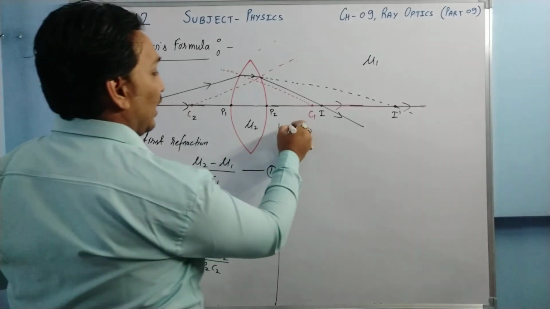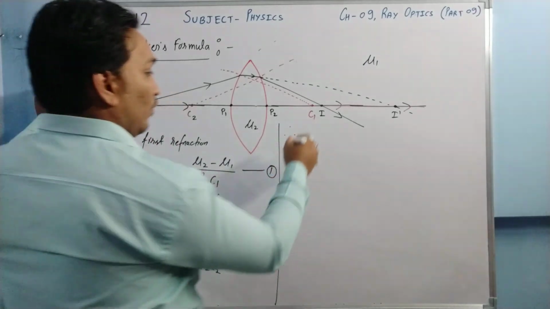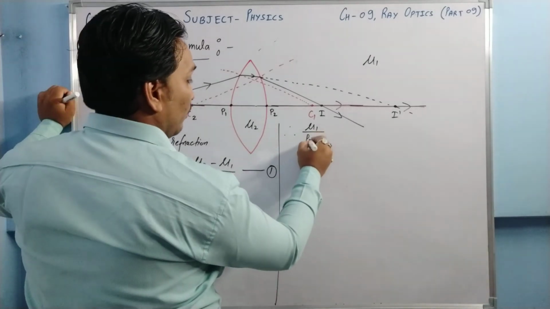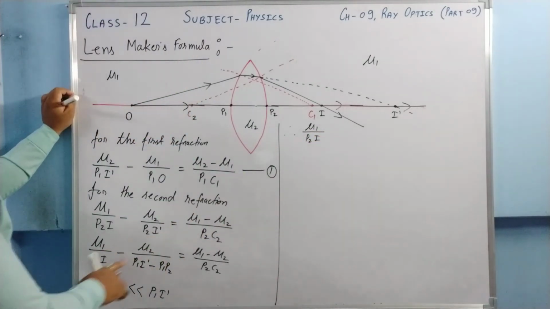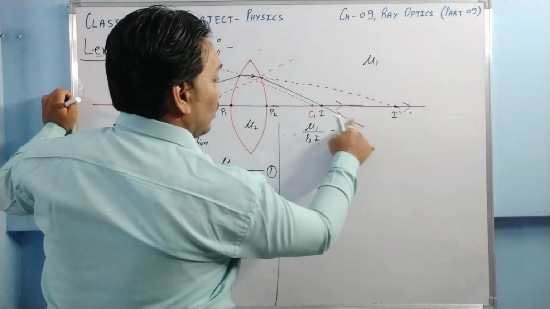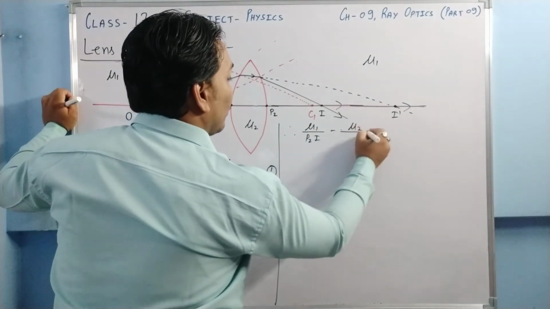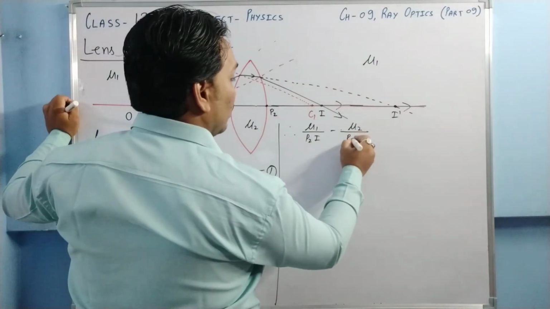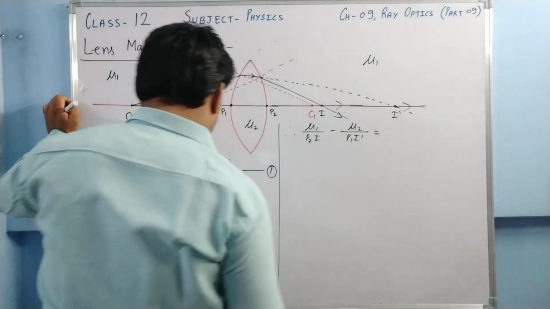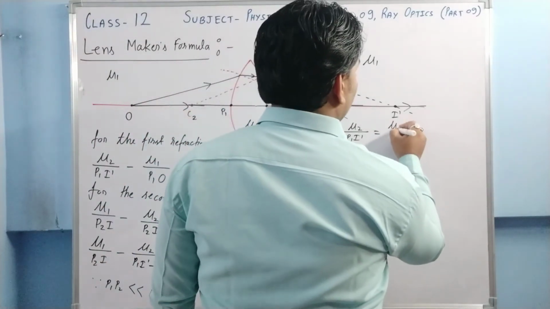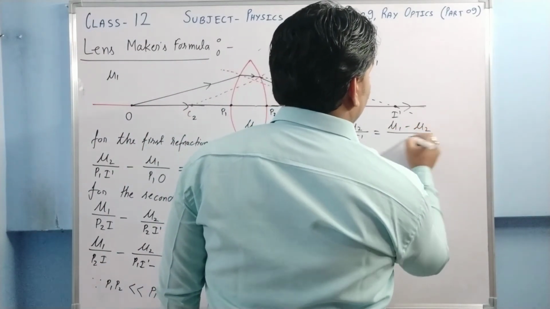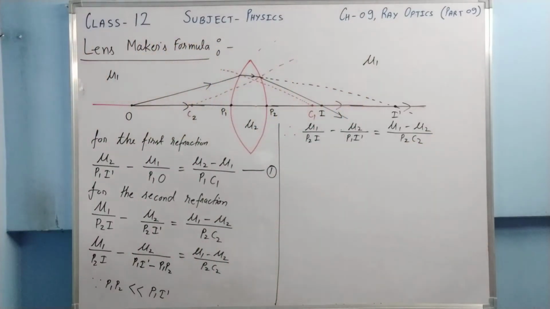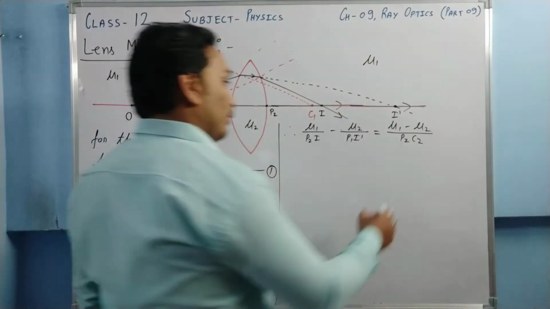Therefore we'll have mu1 upon P2I minus mu2 upon P1I dash, since P1P2 is neglected, is equal to mu1 minus mu2 upon P2C2. This is the equation we are left with. Let this be equation number 2.